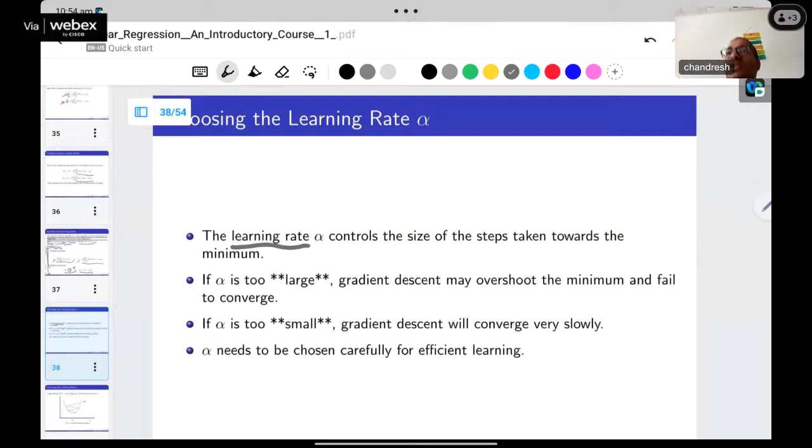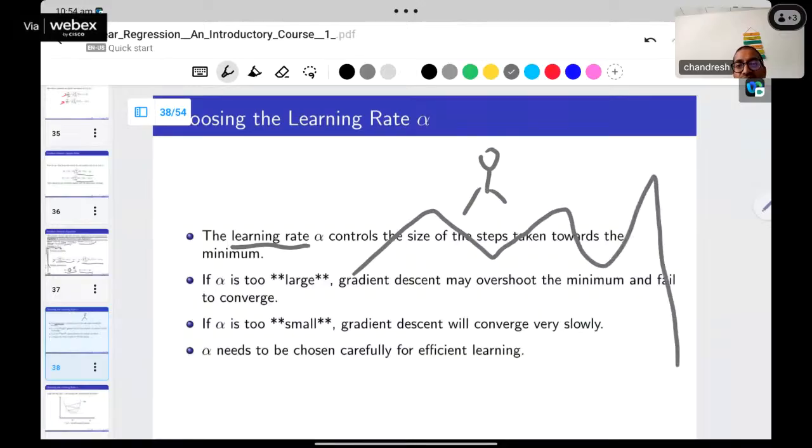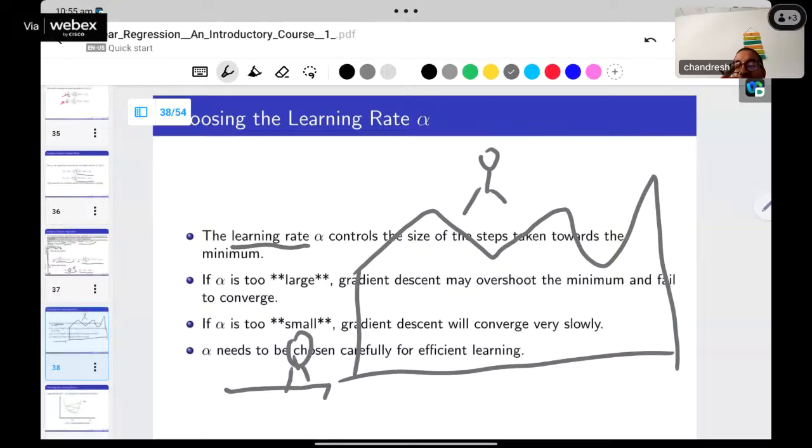It's like, let's say you are a person standing on a hill. Let's say this is the hill, you are on a mountain, and you want to reach the bottom of the hill. Let's say this is the bottom, you want to come here. The idea is to come down to the bottom in the fastest manner possible.